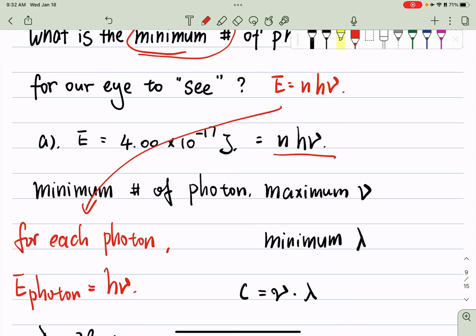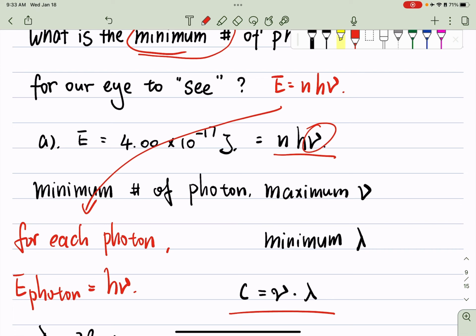We want the minimum number n, so ν needs to be the maximum frequency. You need to use the largest frequency you can get. Because the speed of light c equals ν times λ, if you want the largest frequency, you're looking for the smallest wavelength. That's how it's related. We're not doing any calculation to identify the 390 nanometer here.